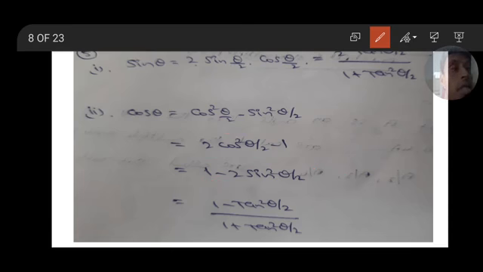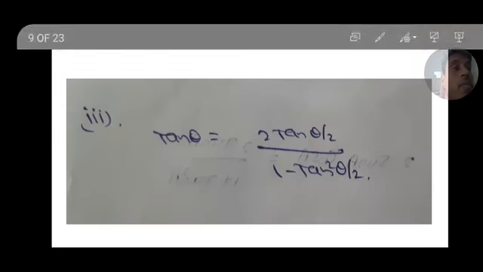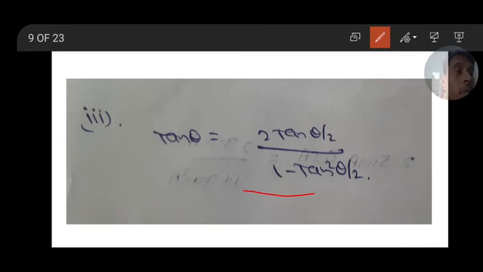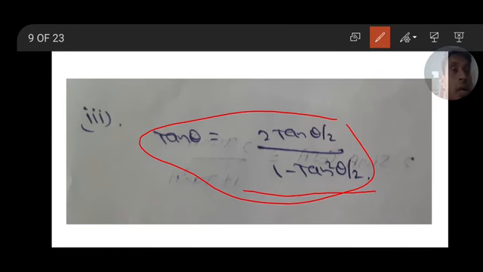This is the cos theta formula. Next, tan theta equal to 2 tan theta by 2 by 1 minus tan square theta by 2. These are the sin theta, cos theta and tan theta formulas in terms of theta by 2.